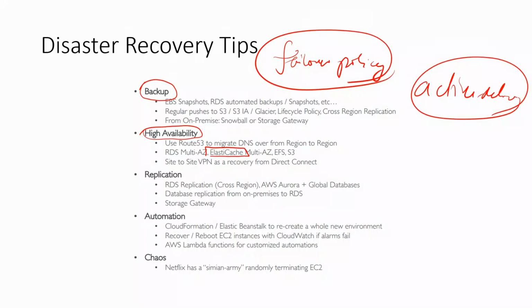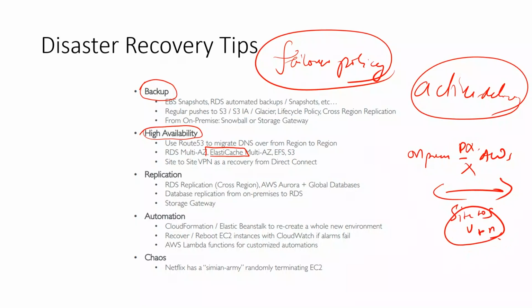If multiple EC2 instances want to read from the same source, then you can use Elastic File System. And if you have a Direct Connect connection, DX, between your on-premises and AWS, and for some reason it doesn't work, then you can have a backup site-to-site VPN, right? We have discussed this in the VPC chapter. You can go ahead and watch that lecture if you want in-depth knowledge about these features.